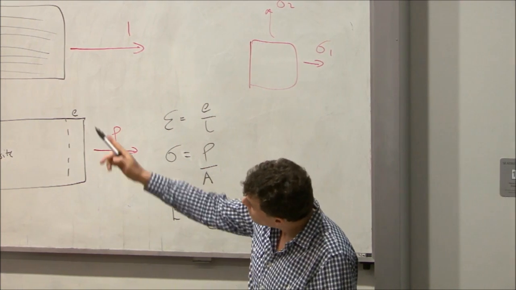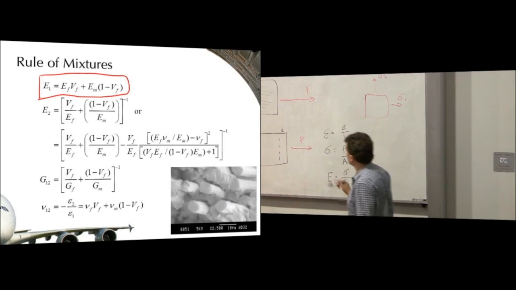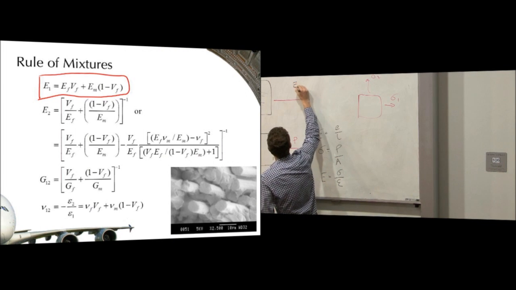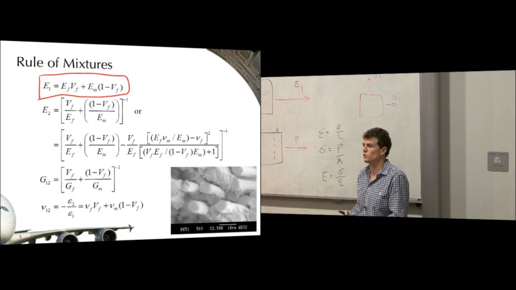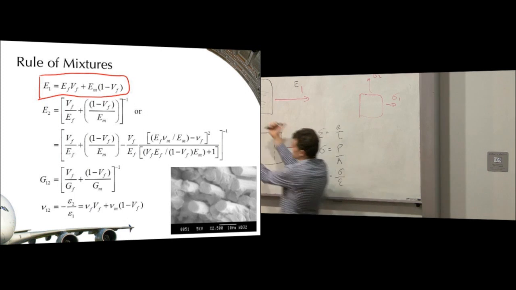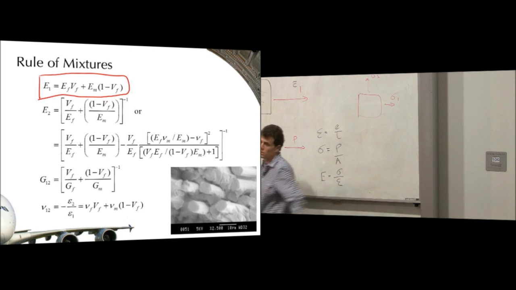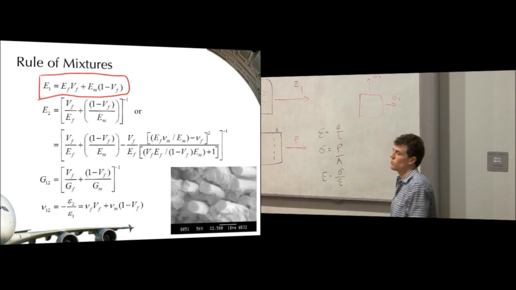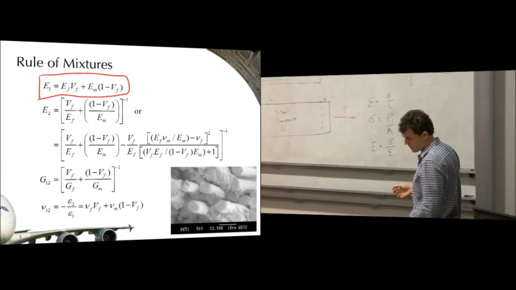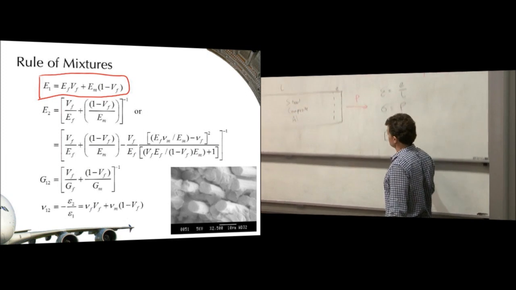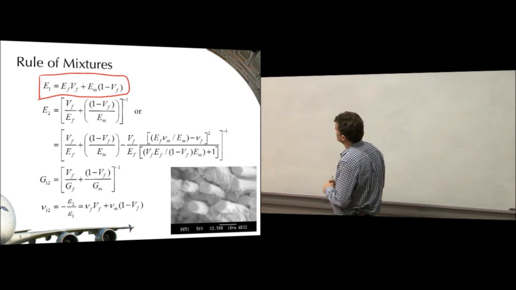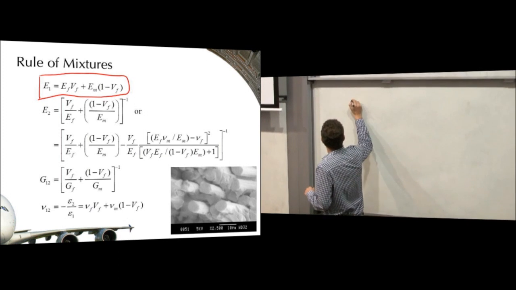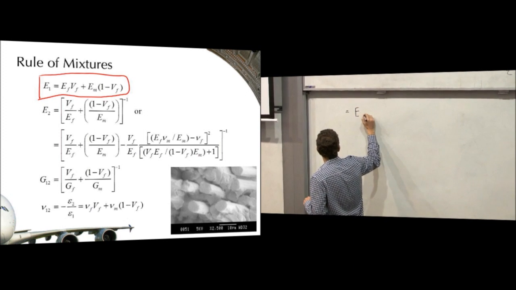Now, to do that, I've got E subscript 1, which means the modulus in the one direction. And as I've said, these materials are anisotropic, so they're going to have a different modulus that way than they do that way. So the subscript means the direction that we're looking at. So E subscript 1 is equal to the modulus of the fibre.